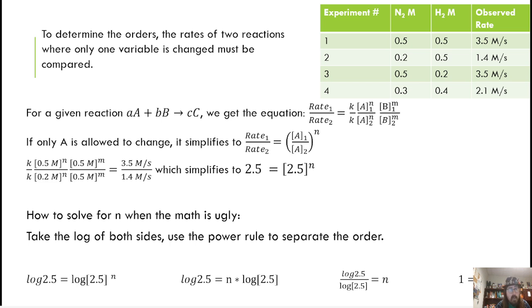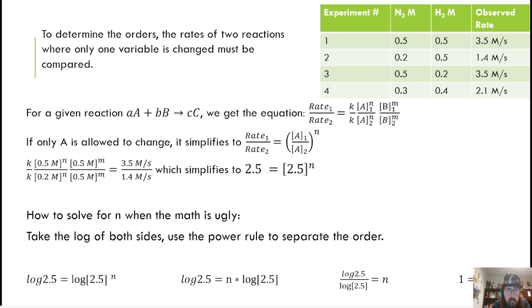K, by its very nature, is constant, so the K's will cancel out. If I compare two experiments where only the concentration of A changes, then the B's will cancel out. So in this particular problem, I'm comparing 0.5 molar of A and 0.5 molar of B to 0.2 molar of A and 0.5 molar of B. The 0.5 molar of B's drop out.